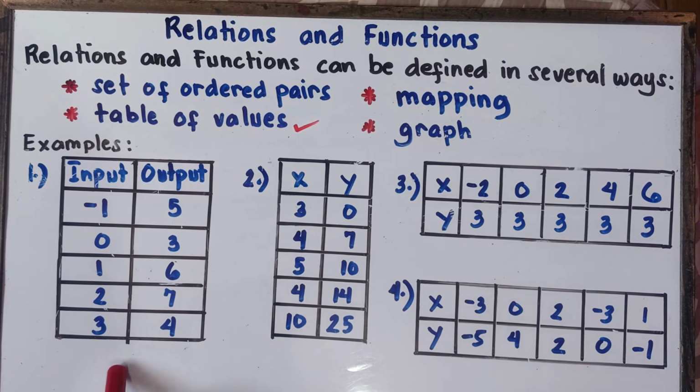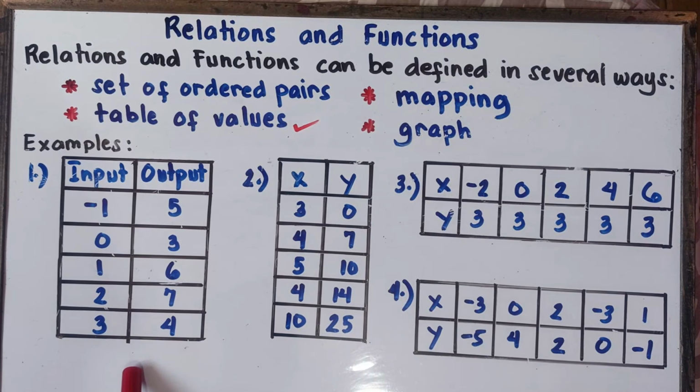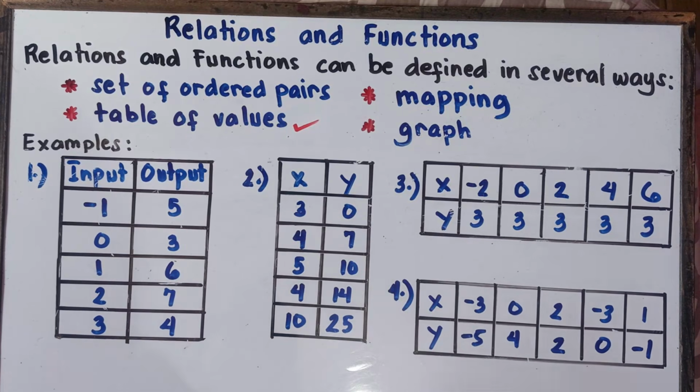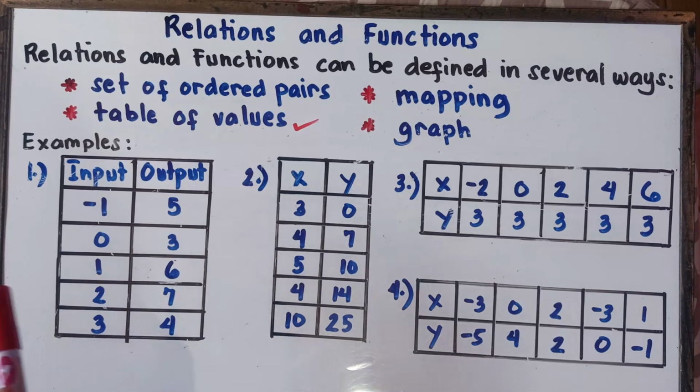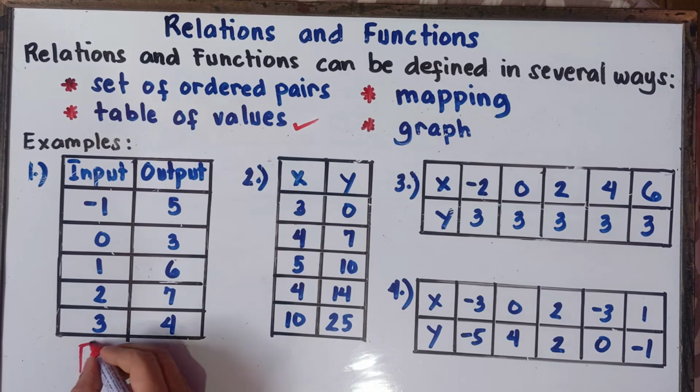Therefore, example number 1 will be a function because one input corresponds to exactly one output. Or the easy way to determine this is just to check the x values. If the x values are not repeating, therefore, it will be a function. Easy as that, with regards to example number 1. Alright, so this will be a function for number 1.